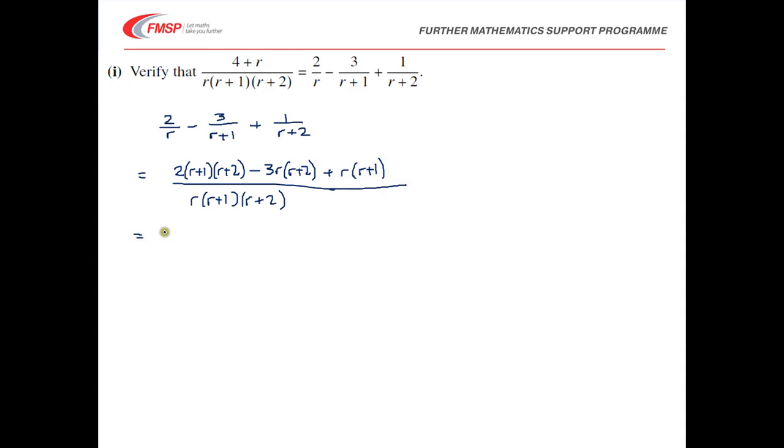Multiplying that lot out, I get 2r squared plus 6r plus 4 minus 3r squared minus 6r plus r squared plus r, and 2r squared plus r squared minus 3r squared cancels, 6r and minus 6r cancel, and I'm left, oh, I haven't put my denominator in yet.